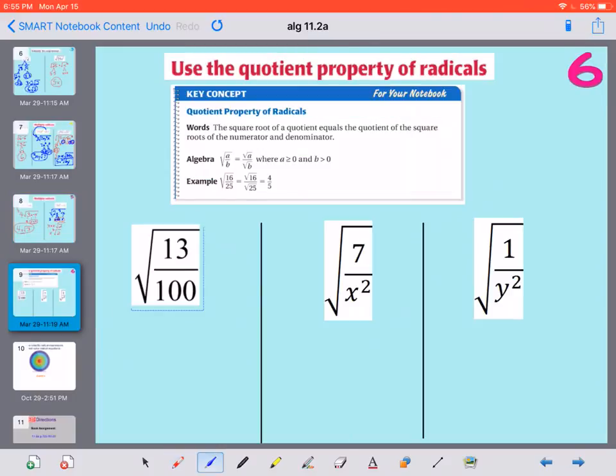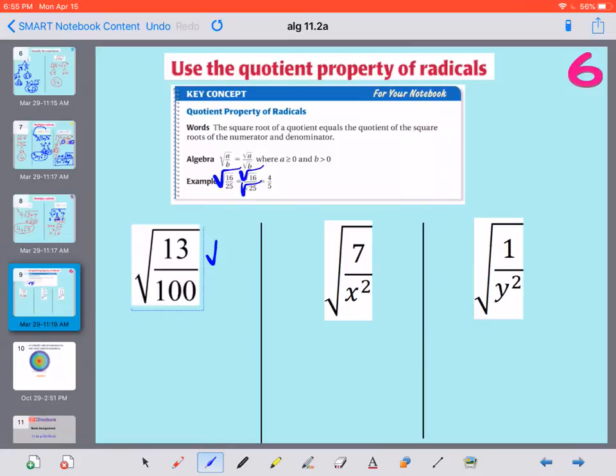Last three, we are using the quotient property of radicals. So again, this is kind of the same thing as multiplication. If we have the square root of a fraction, what we can do is take the square root of the top, the numerator, and the denominator. So the square root of 16 in this case is 4, square root of 25 is 5, so it becomes 4 over 5.